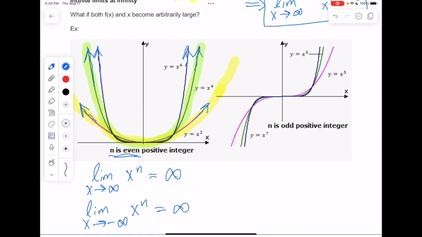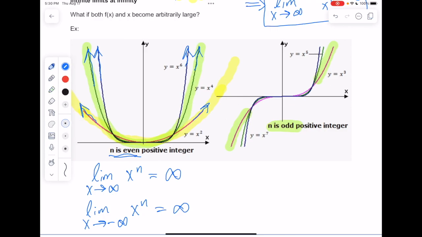It changes a little bit if you do get n to be odd. So when you have these odd functions, now when you go to the right, the y value goes up, but when you go to the left, the y value goes down. And that's true for all the odds, whether it be y to the third, y to the fifth, y to the seventh. They're all going to behave that way.